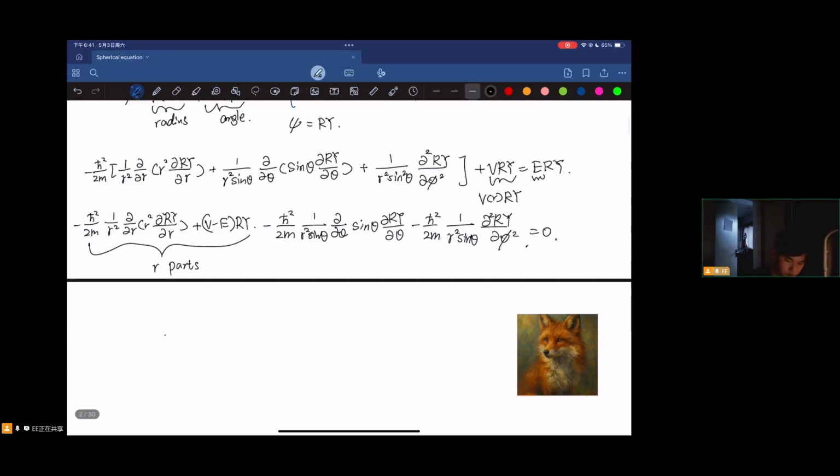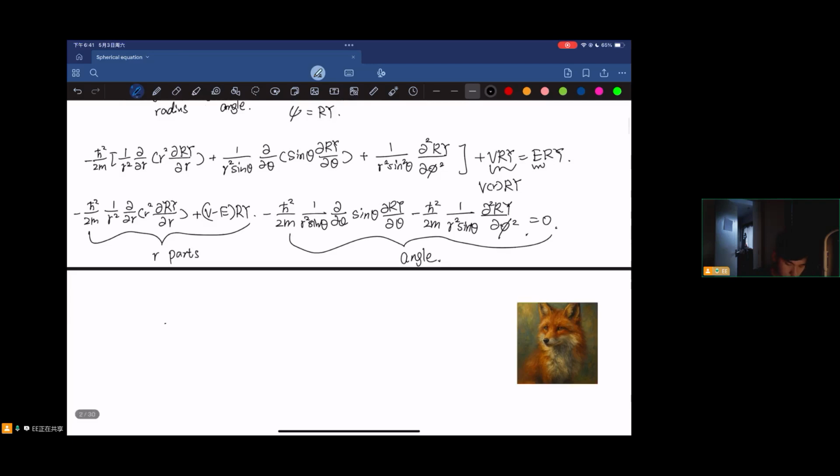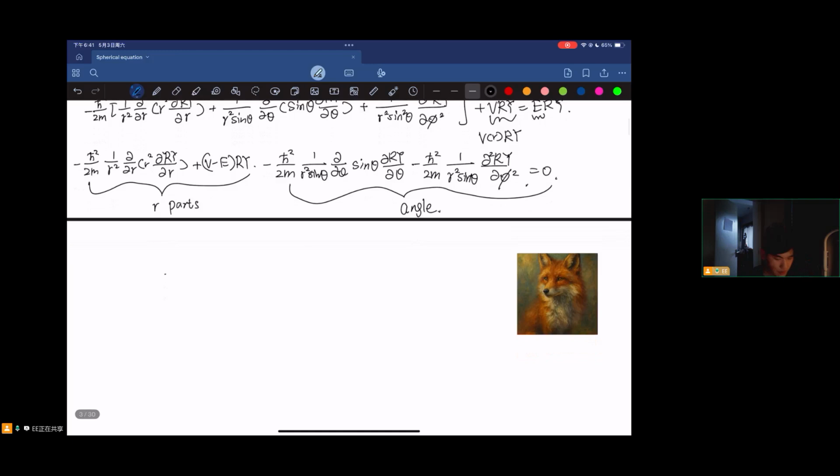Okay, equals 0. So here is the angle part. And in this video, we're going to concern ourselves only with the angle part. Next time we'll solve the R part.